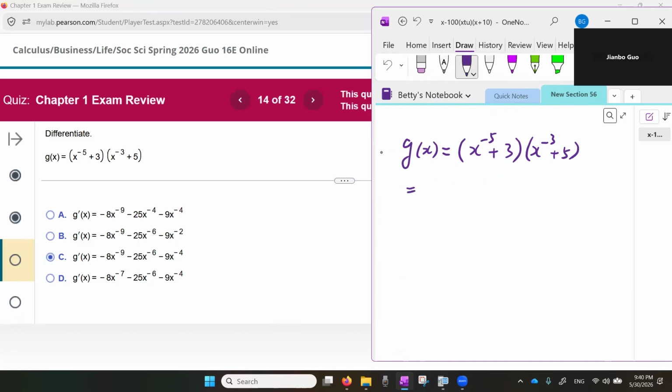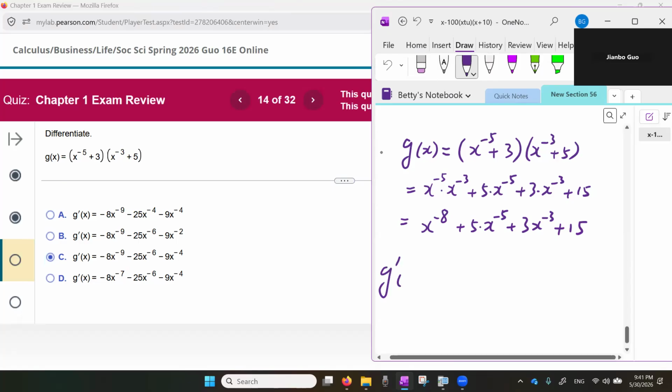FOIL first. X 95 times x 93 plus 5 times x 95 plus 3 times x 93 is 15. 3 times 5 is 15. So we have this one is x to the power negative 8, right? Product rule, 95 plus 93, negative 8, and plus 5 times x negative 5, 3x to the power negative 3 is 15. And then we take the derivative.